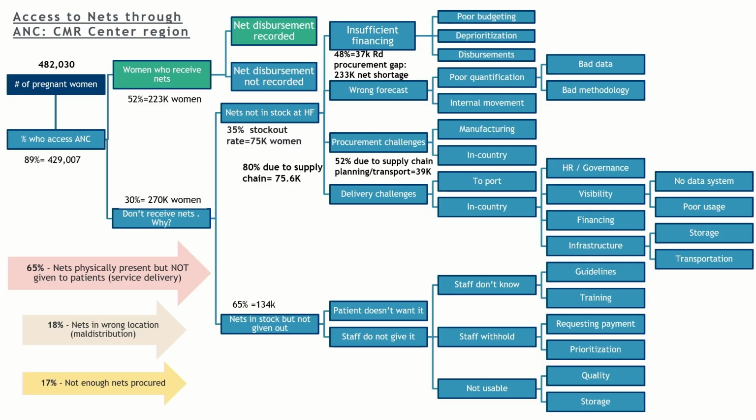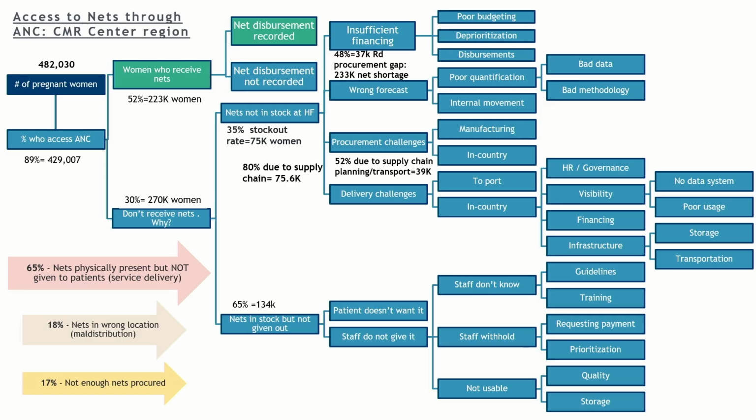For insufficient financing, we also did a procurement gap analysis for that 3-year period and averaged it out. Over a 3-year period, there's around a 48% procurement gap for routine nets, and around 52%, the rest of it, is due to supply chain planning or transport delay.